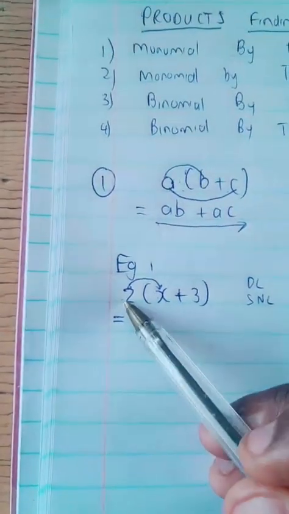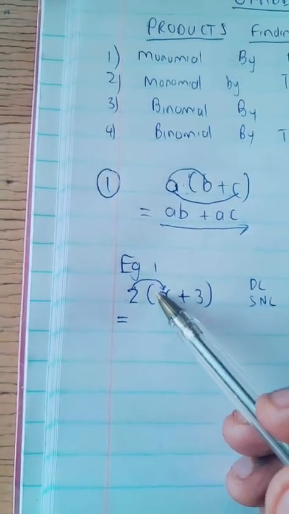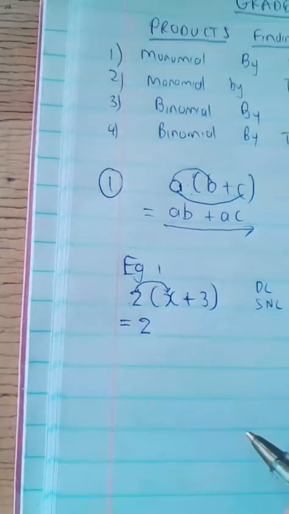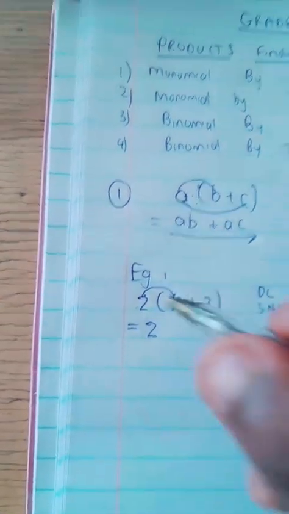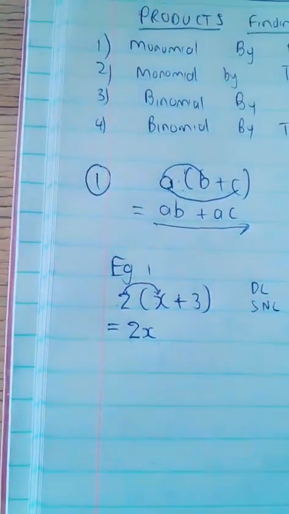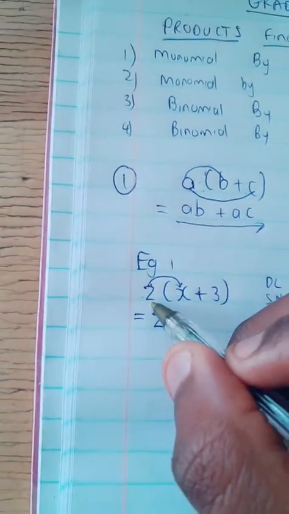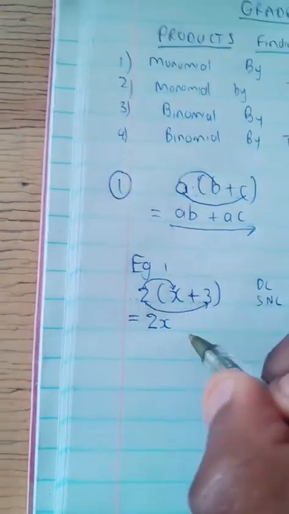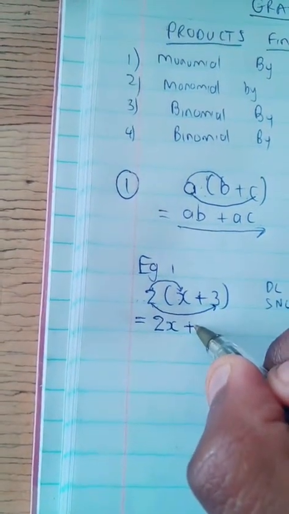Number: 2 times, there's a coefficient here that is 1. We don't see it, but it's there. What's 2 times 1? It's 2. The x next to the 2 is combined with the 2. That is the first term done. 2 times 3: positive times a positive is positive.